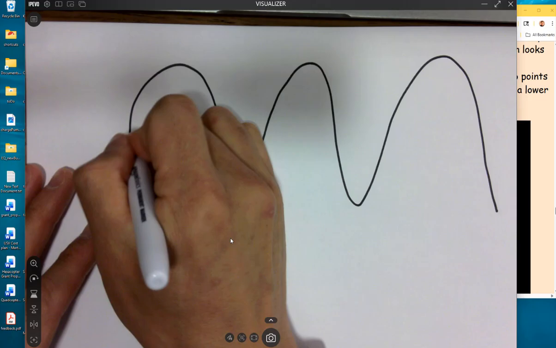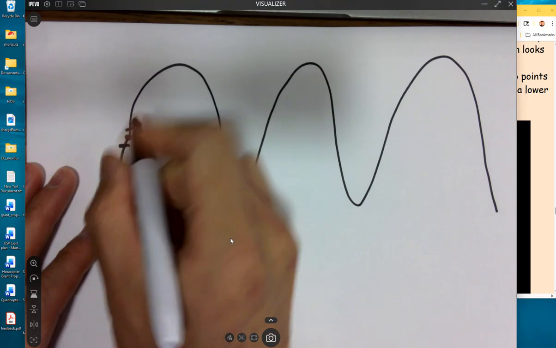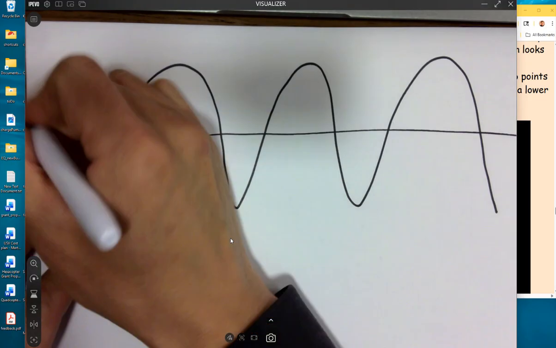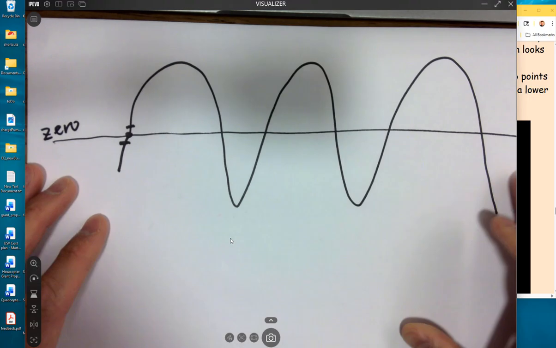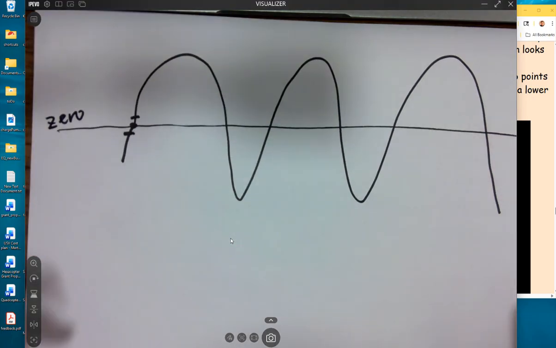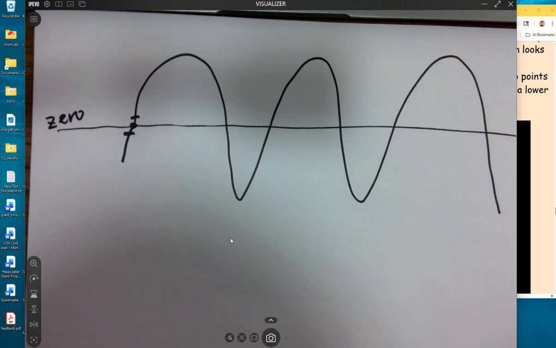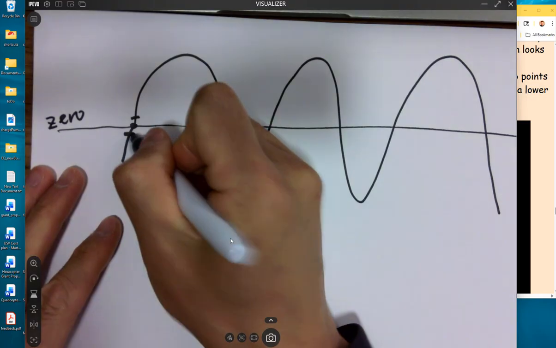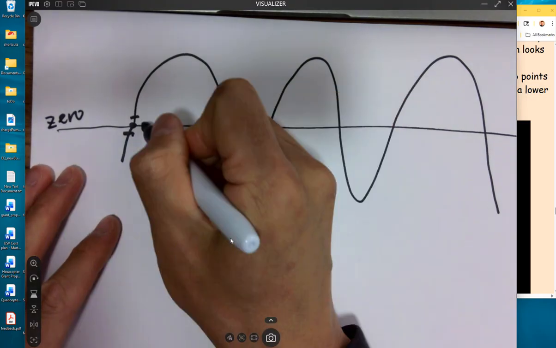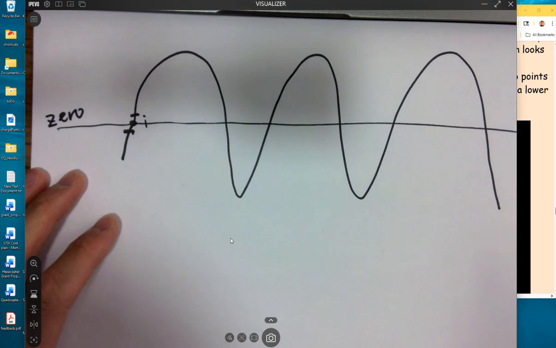Looking at this point and assuming this is 0, here's I with that value.